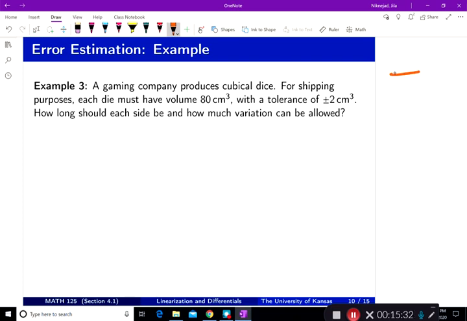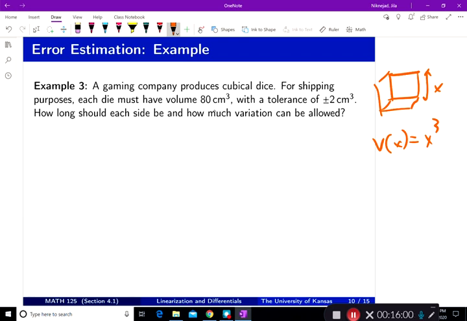So here's the cube, and each side is, let's say, x. So the volume is going to be x to the third. And if I plug in whatever value of x, I'm going to get 80 cubic centimeters.